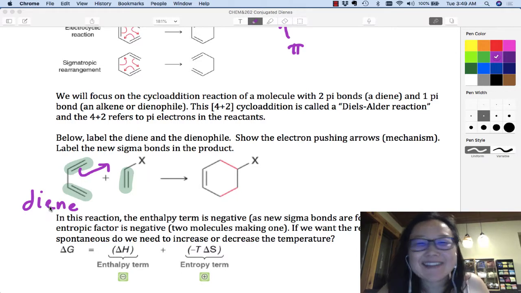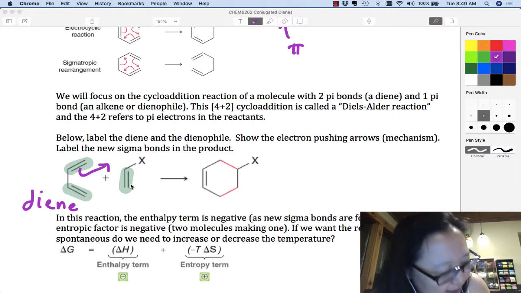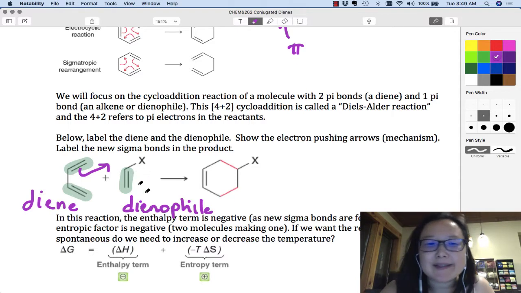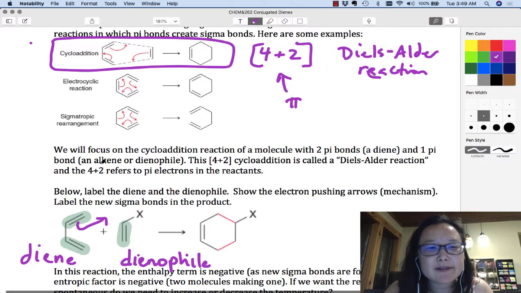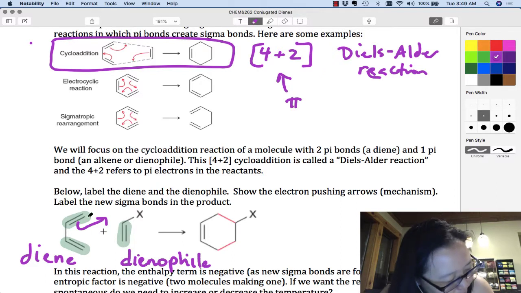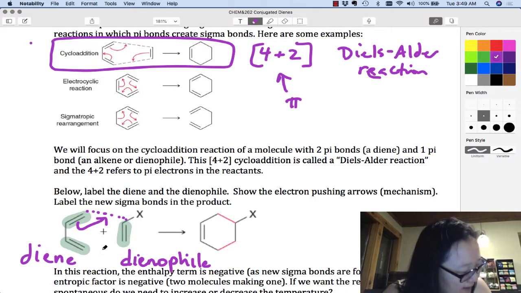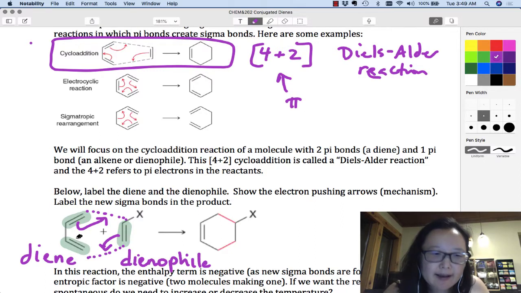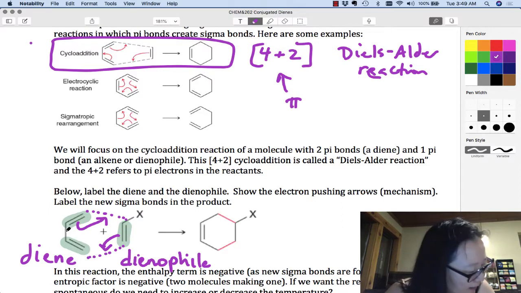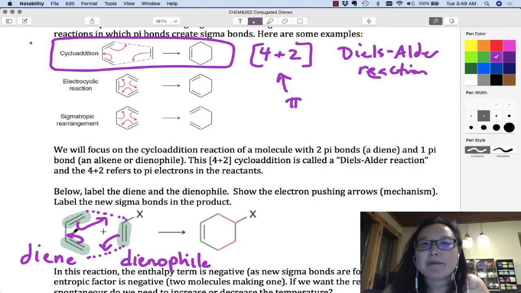So diene. And the molecule it reacts with loves dienes, and it's what we call the dienophile because it reacts with dienes. And so if we follow the arrows here, we make a new sigma bond with a pi bond, then that causes this to shift down here and make a new sigma bond down here, and then that causes this to shift over here and make a pi bond over here.